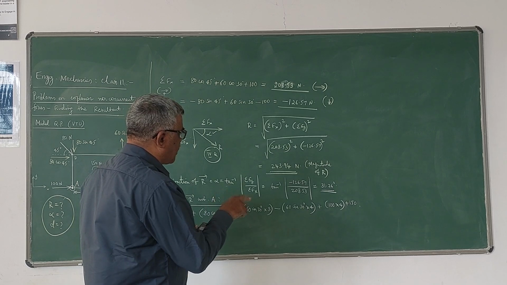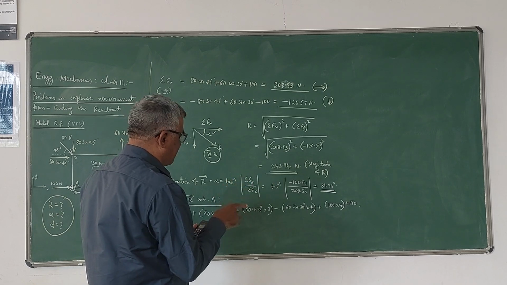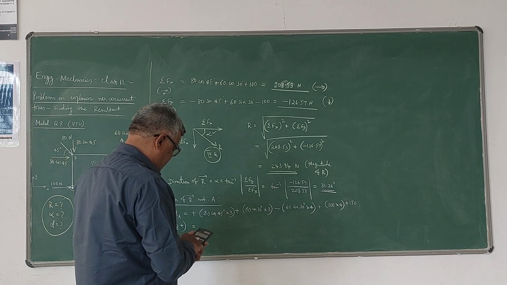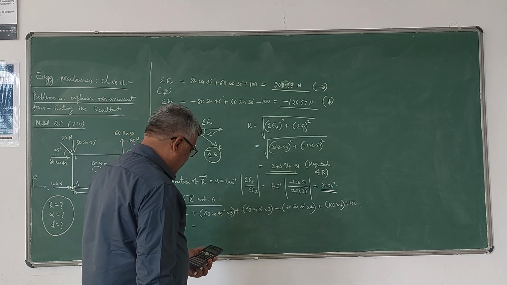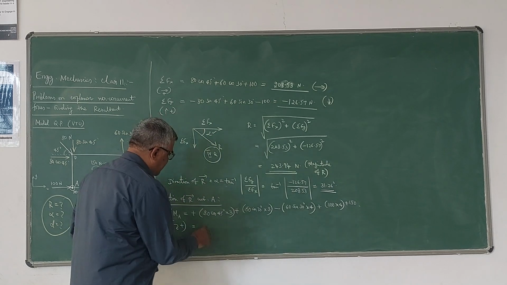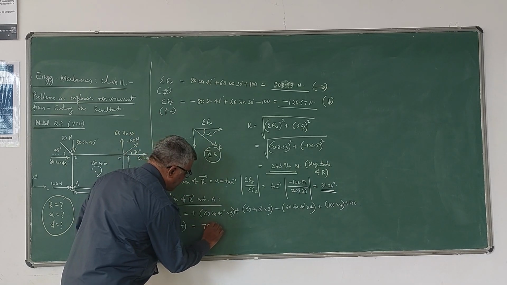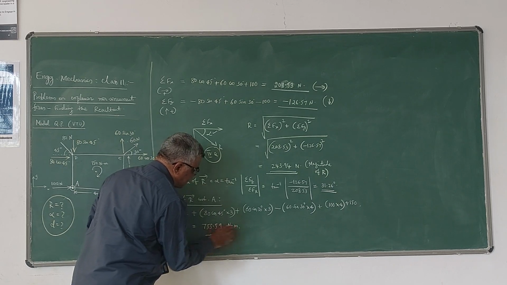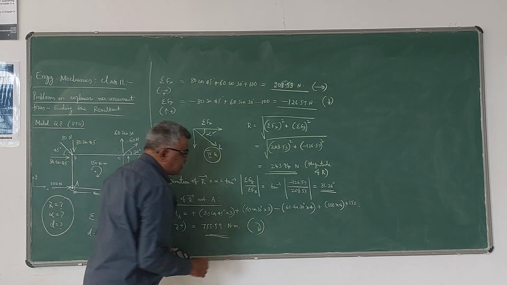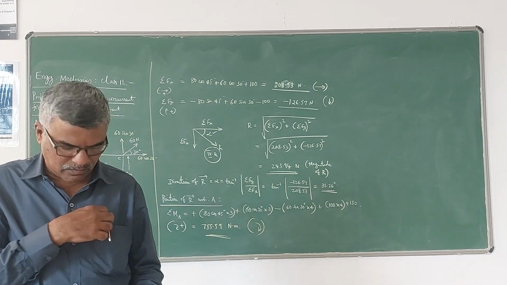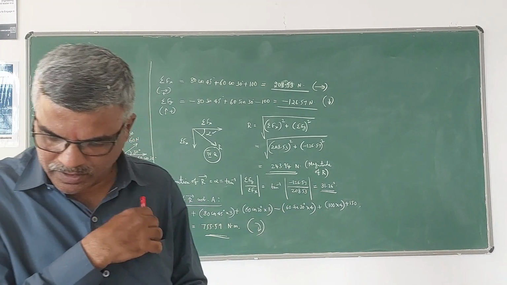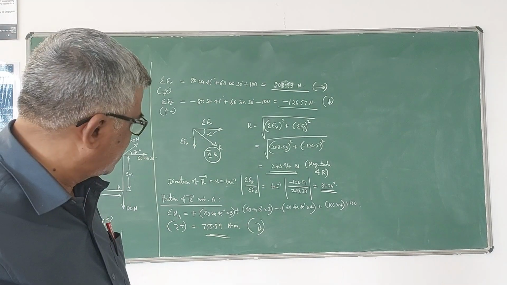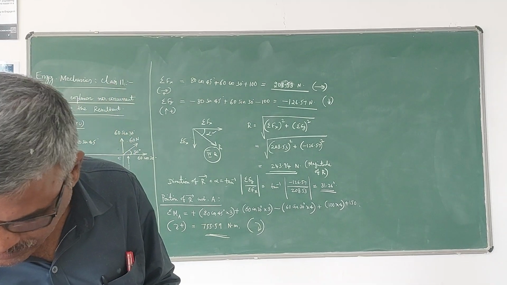Then plus 400 plus 150 means plus 550. So we get 755.59 Newton meter. So you are getting a positive value. That means the net effect is a clockwise moment. 755.59 is the moment.